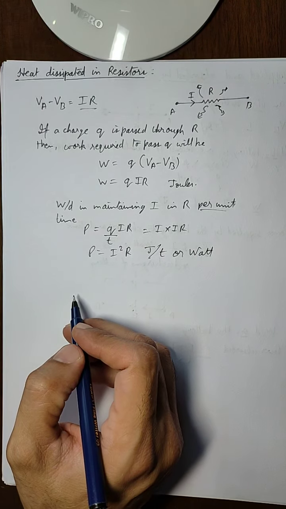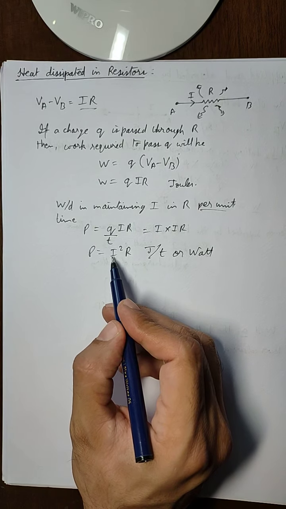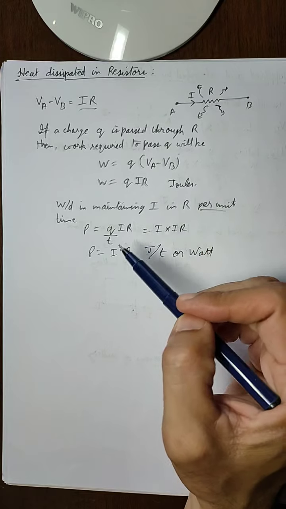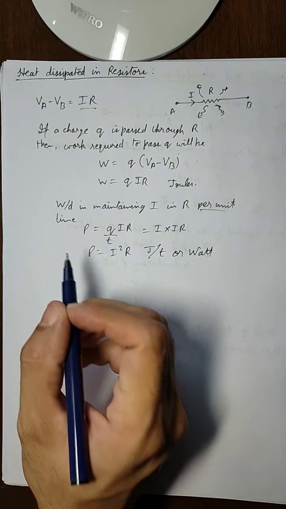Now two conditions arise here. One condition is that I is constant throughout. That means the value of current in the circuit is maintained.